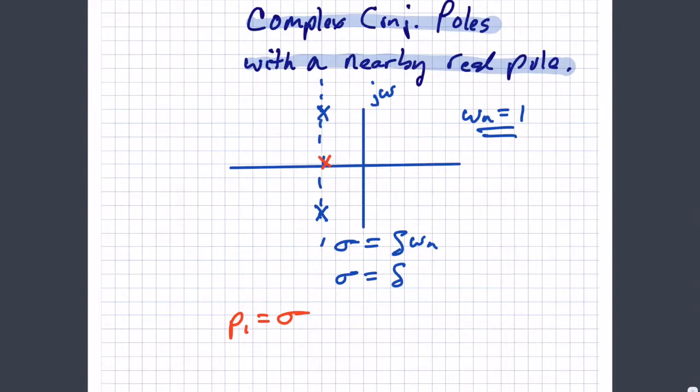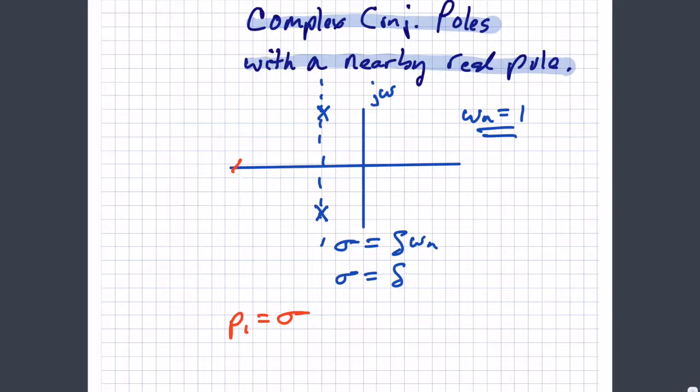It's hard to move it, so I'm going to redraw it. We move this pole location a little bit further to the left, and then move it yet again further to the left. And as we move it back far enough, it should look like the regular second order response.